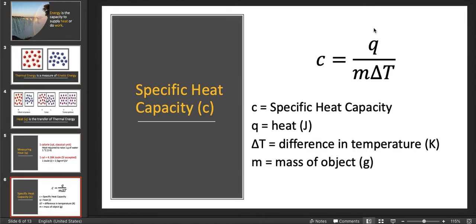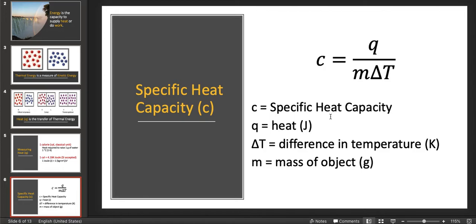It's defined as the amount of heat that is needed to raise the temperature of 1 gram of that substance by 1 degree. Do you see now that it's a temperature change, so final minus initial temperature, and therefore it's not an absolute temperature. It's got this delta in front of it. So it can be measured in Kelvin or in Celsius, but we will measure it in Celsius mostly. Specific heat, as I said, once again, is specific for every substance.